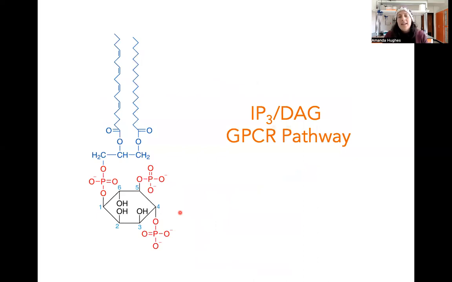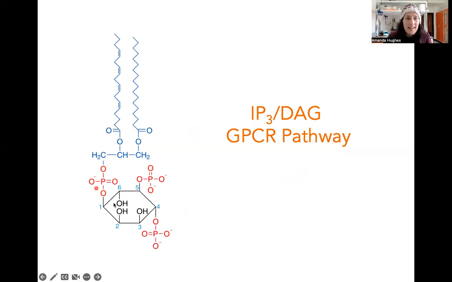Okay. The second signal transduction pathway that I want to look at that is coupled with a G protein coupled receptor is the IP3 DAG pathway. IP3 stands for inositol triphosphate, and DAG stands for diacylglycerol.